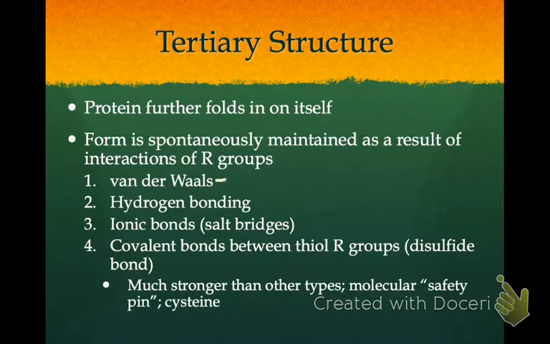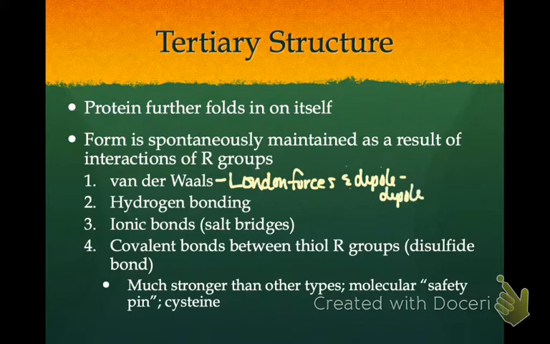So we can have London forces here. Sorry about that, London forces. And the other one is dipoles. So we can have dipole-dipole. And we've talked about those before when we were looking at interactions that happen between organic molecules.